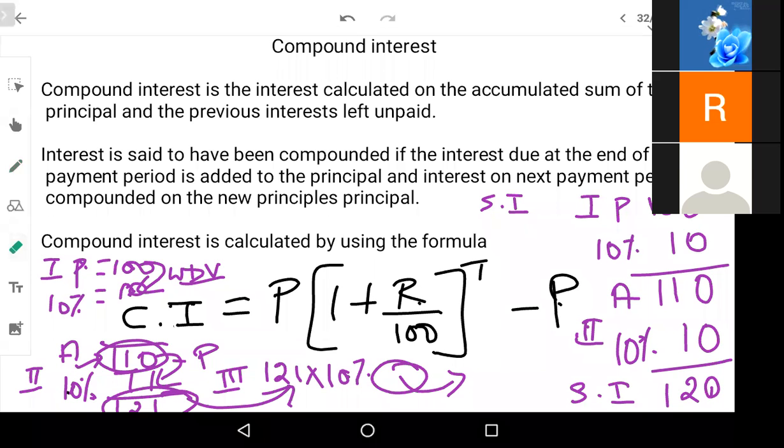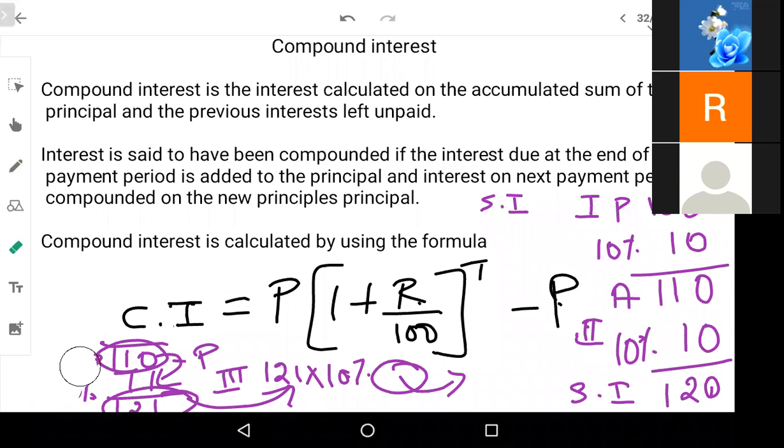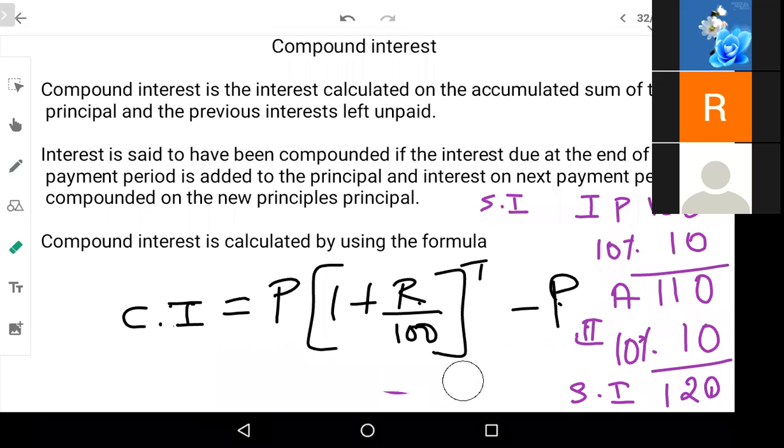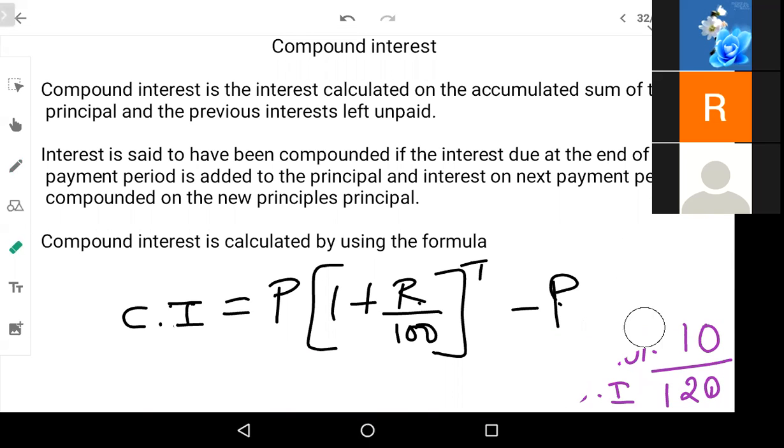Now there is a formula to calculate the compound interest. Instead of doing this big long process of doing the table, which may be used at certain points of time, we have a direct formula. Let us see what that formula is. Compound interest is equal to principal into (1 plus r divided by 100) to the power t, where t is the time, minus principal.